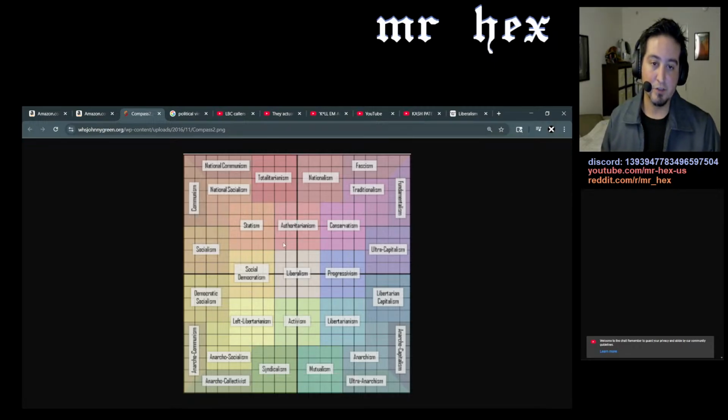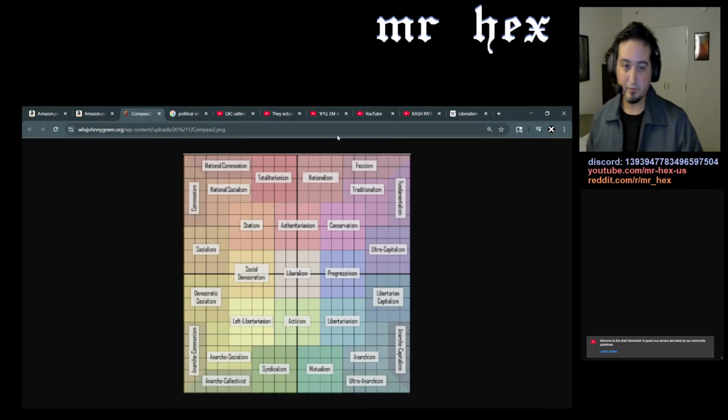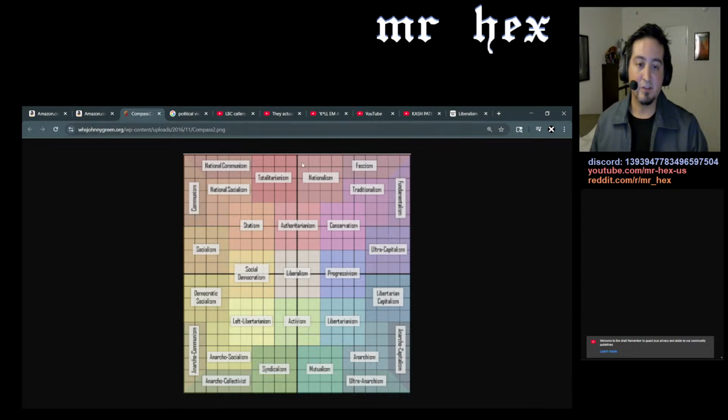So if we look at this chart, first of all, okay, this axis is supposed to represent kind of like how much control the state has over your day-to-day life, your identity, your social issues. At the very bottom, we have libertarianism, anarchism, no rules, government doesn't interfere at all.